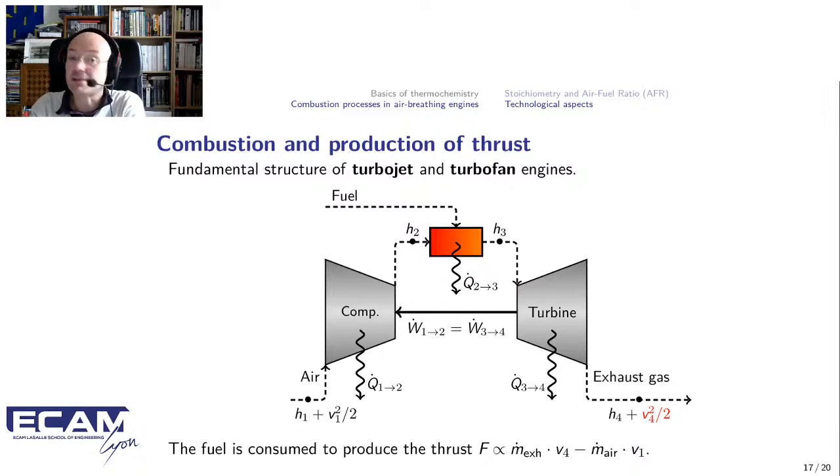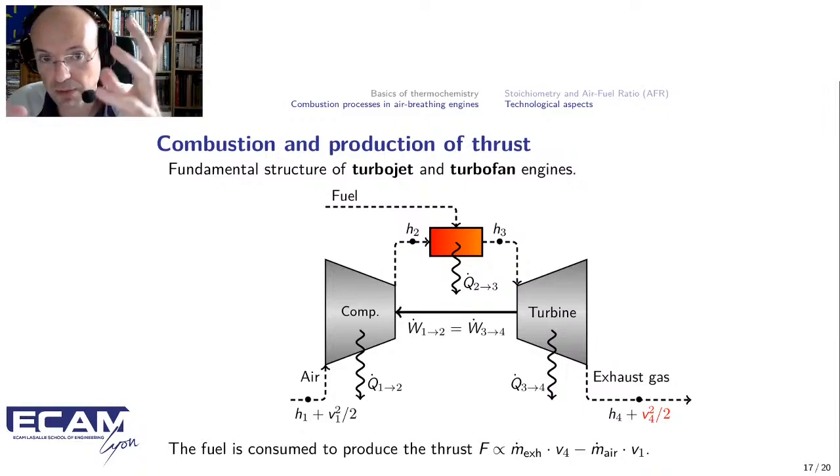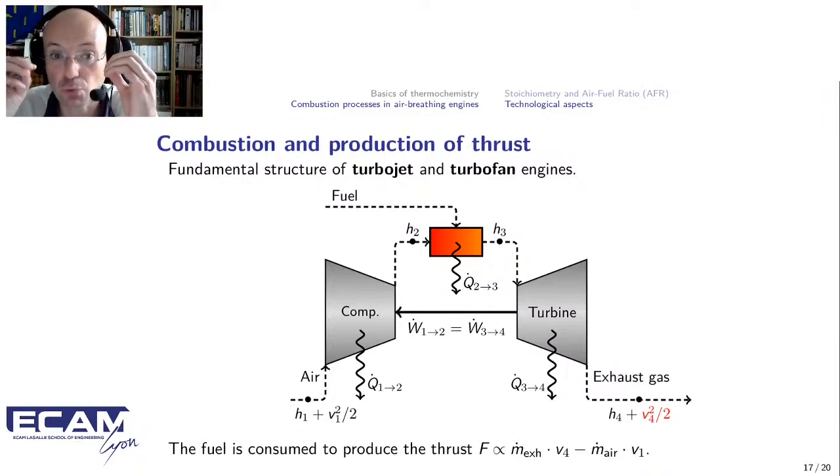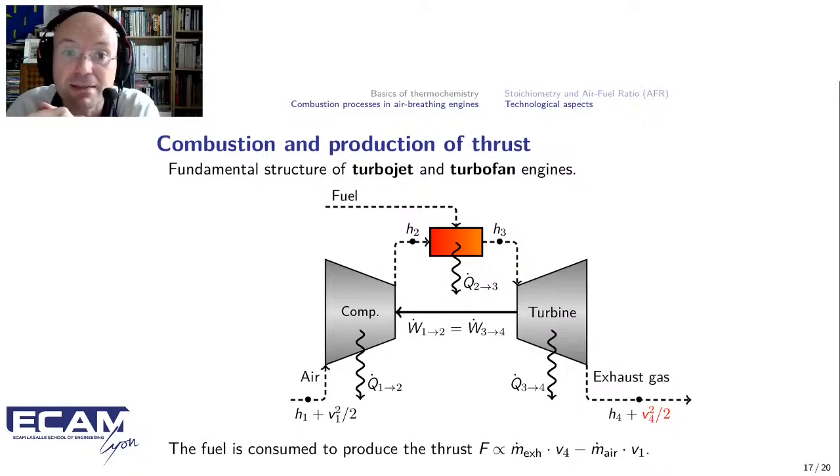This work is entirely consumed by the compressor, and the remaining energy inside the gas is actually converted into kinetic energy. At the end, the goal is to use a part of this chemical energy which is released by the combustion process and to transform it into kinetic energy in order to increase the speed of the gas, and so to increase its kinetic energy, which here is now V4, because it's at point 4 that we have the exhaust of the turbine.